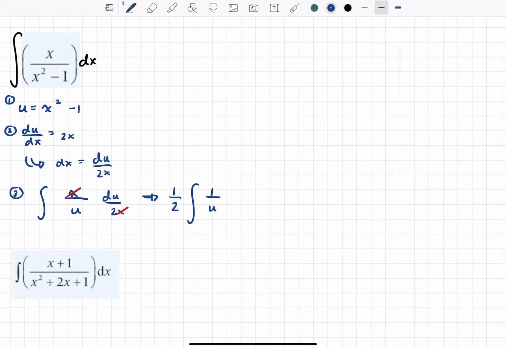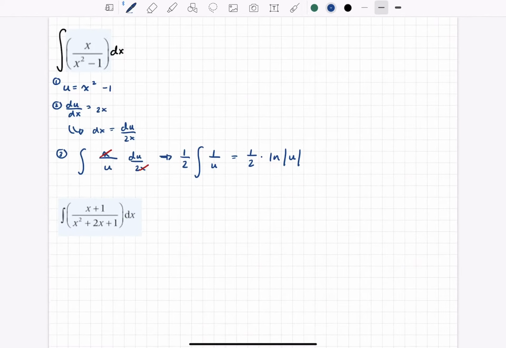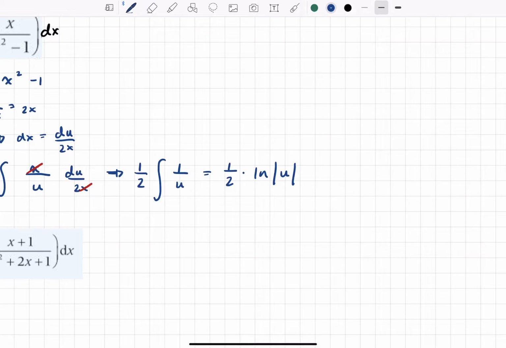So if we evaluate the integral of 1 over u, we get 1/2 times ln absolute value of u. The absolute value isn't too necessary if your u is positive, but I'm just going to put it in there. And remember, we just integrated, so remember your plus c.